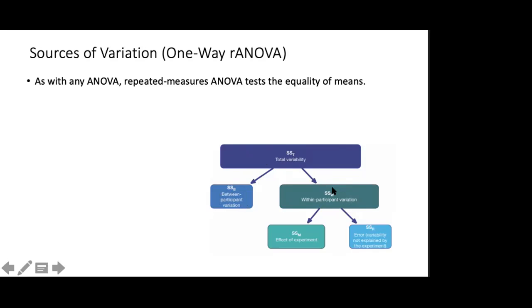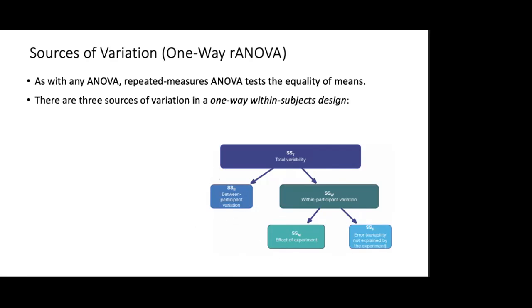Then we are just focusing on the within subject variation and break that down further into our model variability and our residual variability. That means we are completely ignoring the variability that is due to differences between our participants, right? So between subject variability is completely outside of our model here, and that has certain benefits, as we will talk about in a second.